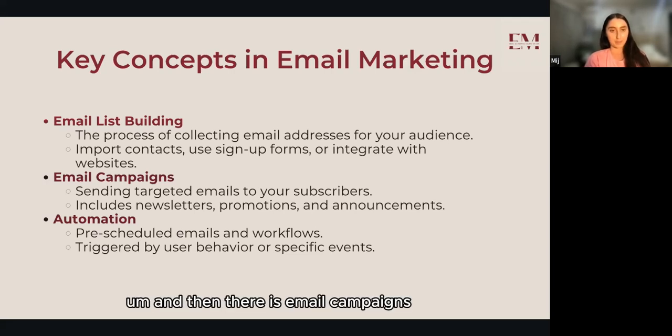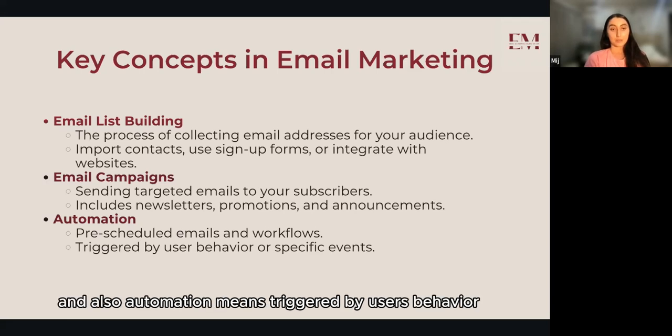And then there's email campaigns. Sending targeted emails to your subscribers. What we've studied, it could be relational emails, promotional emails, and so on. It includes newsletters, promotions, and announcements. And then we have automation. Automation is pre-scheduled emails and workflows. As I said, we can pre-schedule emails. We don't have to send them right away.